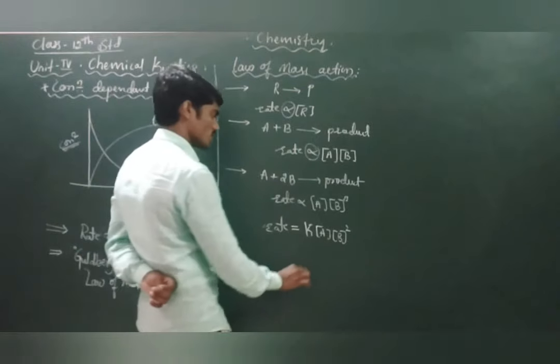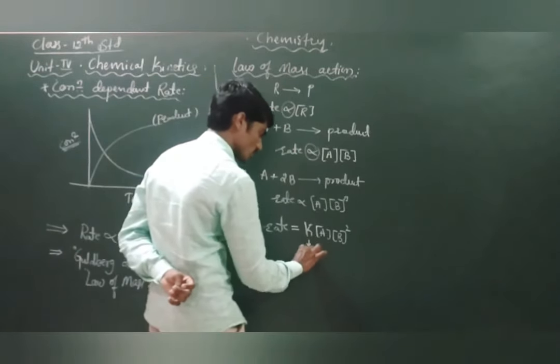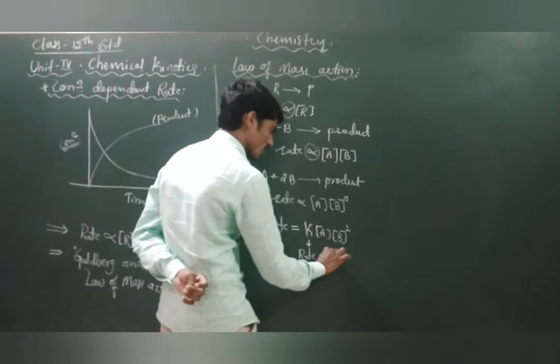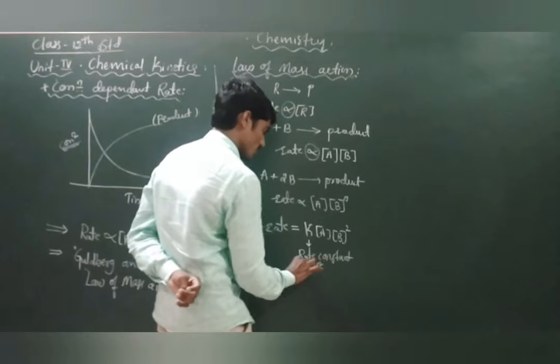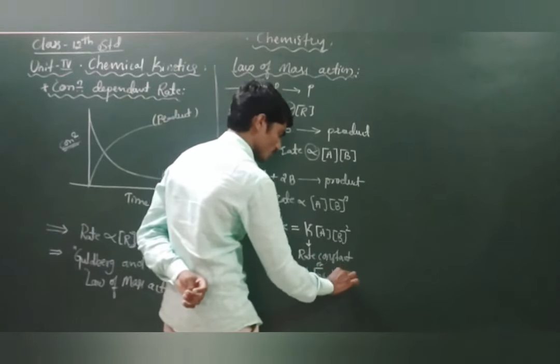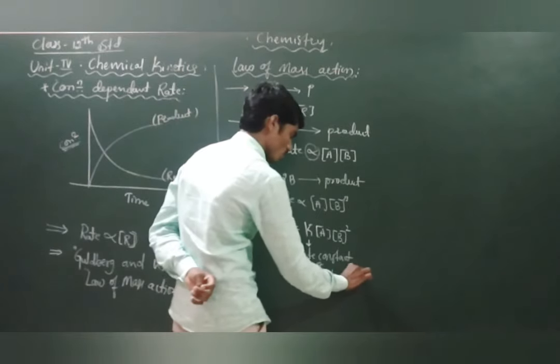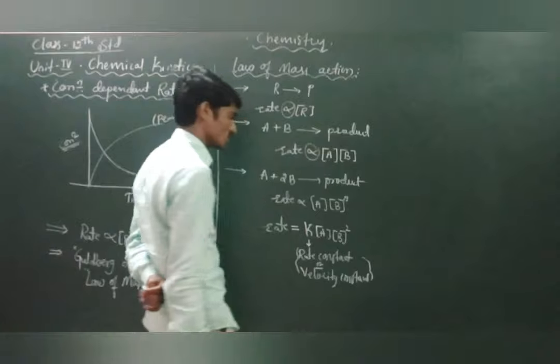It is called the velocity constant or rate constant.